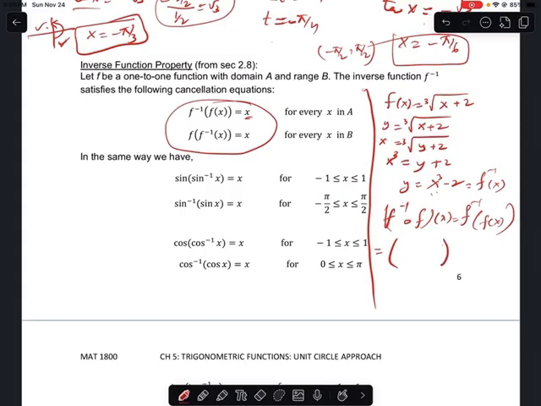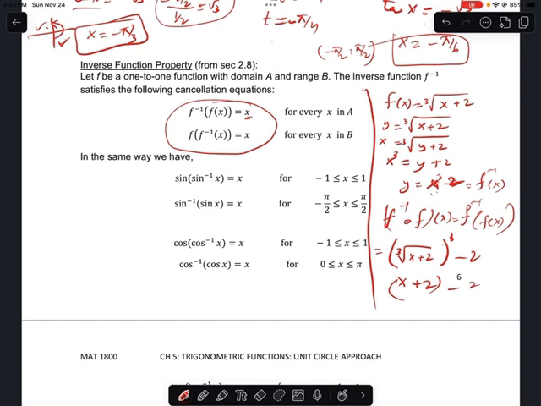At this place I will switch x and y. So I get x equal to cube root of y plus 2. Now our job is to isolate the y.